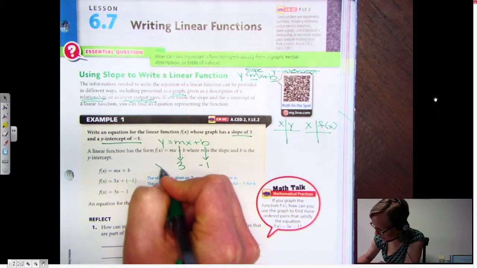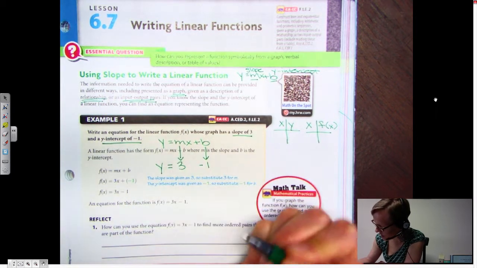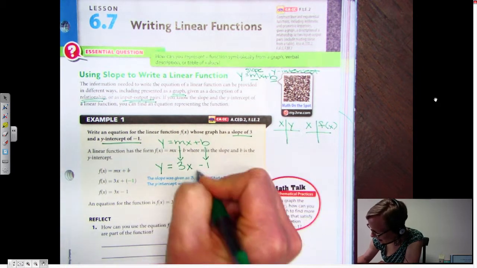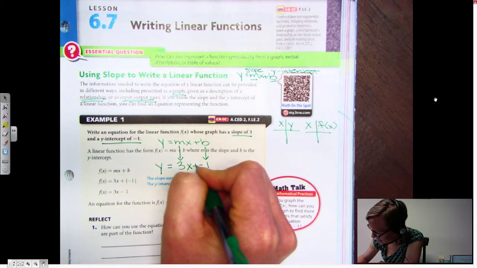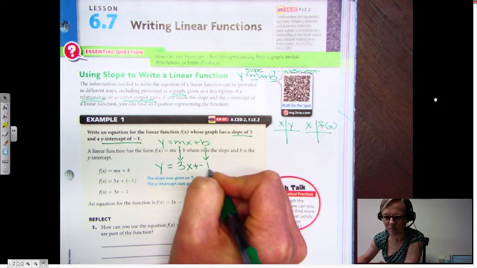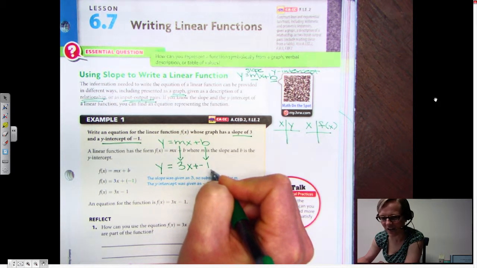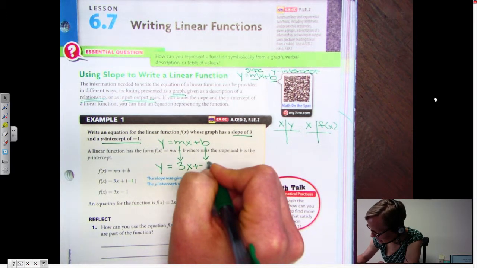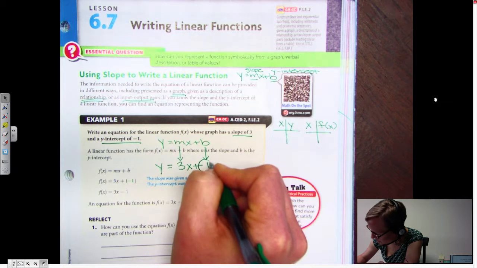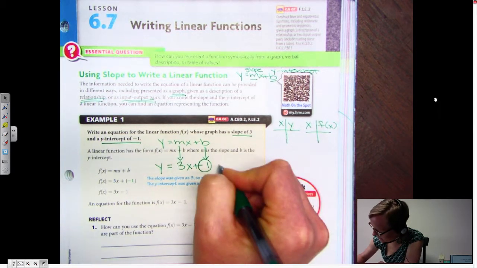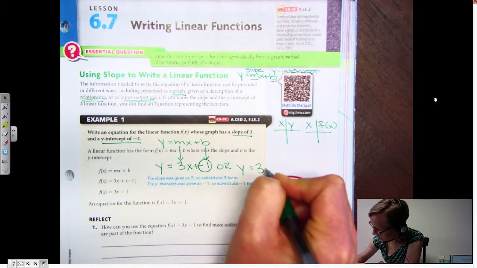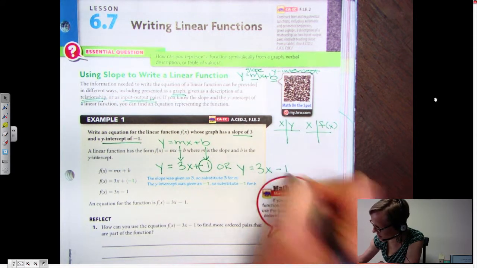So the y value is always going to be equal to 3 times the x value. And then this is a plus a -1. So if you were talking about the y-intercept, where would this cross the y-axis? It would be at -1. This might be written as y equals 3x minus 1.